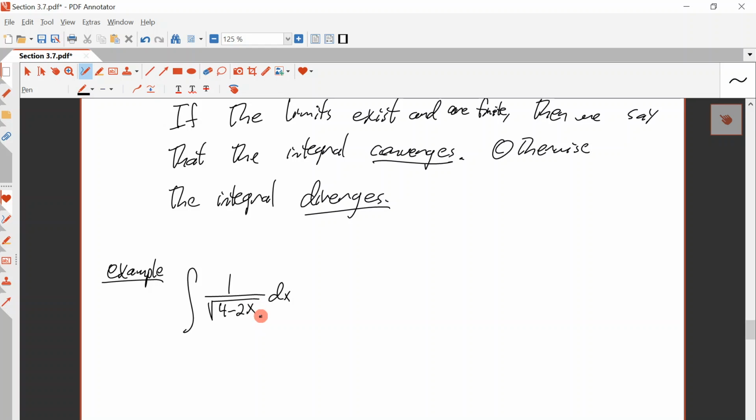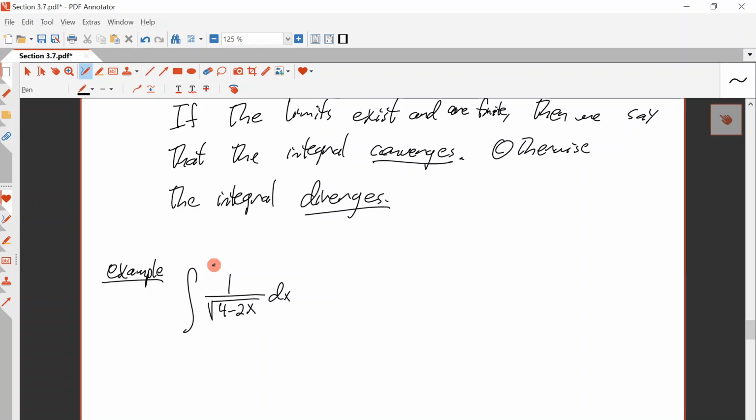The place that you run into trouble is where the bottom might be equal to 0. As long as the inside of the square root is non-negative, you can take the square root, except because it's on the bottom of the function, you can't have it equal to 0.